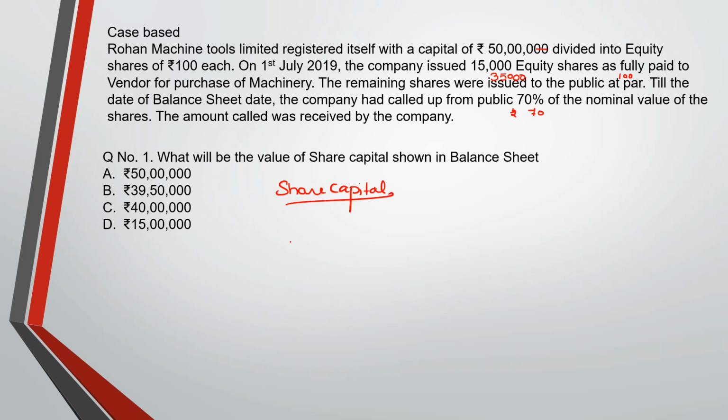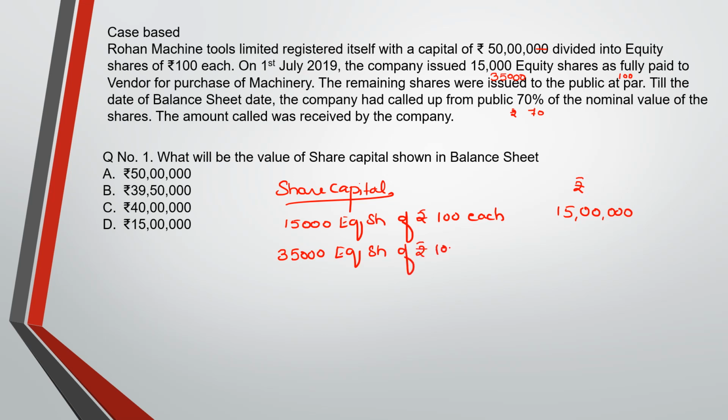Under the authorized capital would be 50,000 shares of rupees 100 each, 50 lakh. Issued capital would be the same, 50 lakh. Under the subscribed capital, you have 15,000 equity shares of rupees 100 each, that would come to rupees 15 lakh, and the rest of the 35,000 equity shares have also been issued.